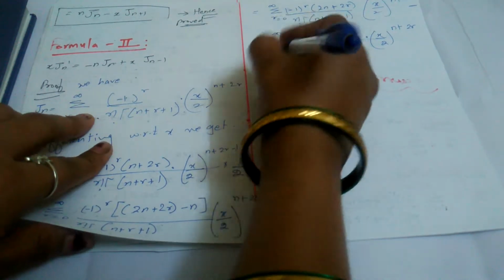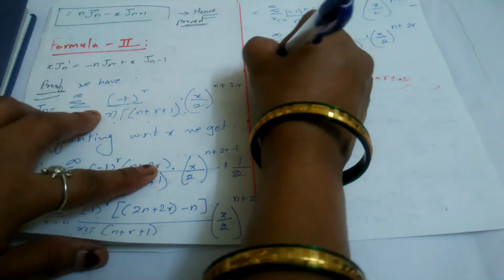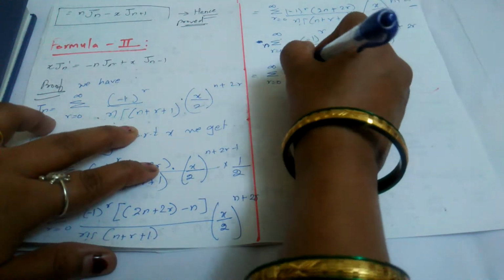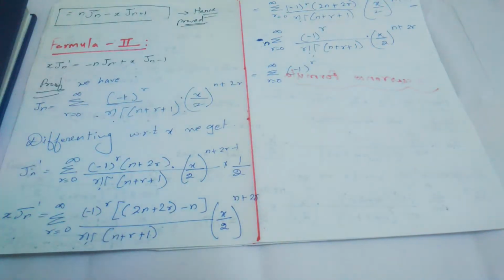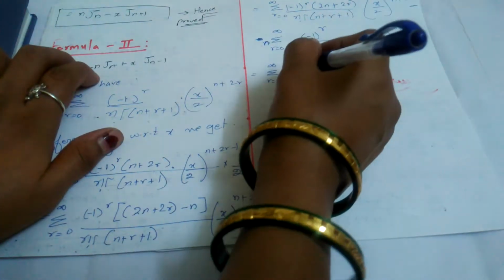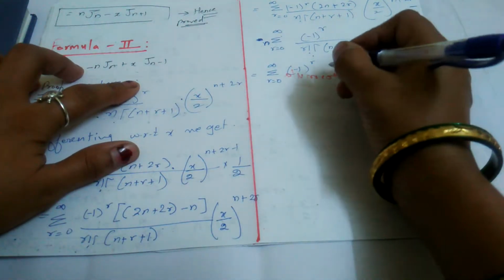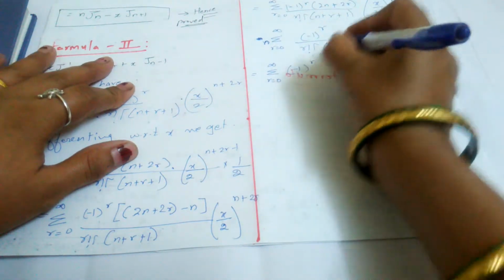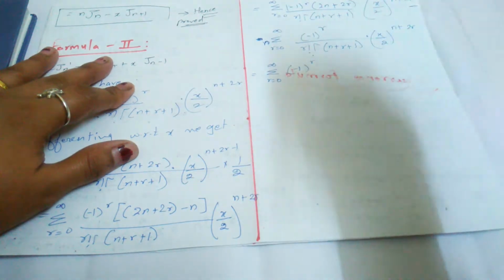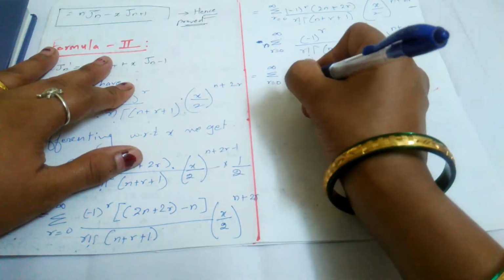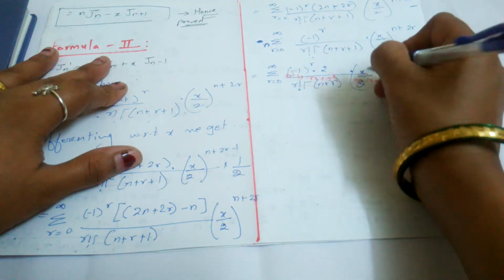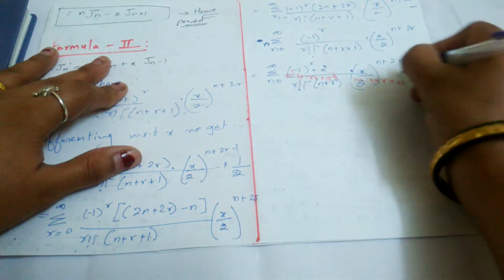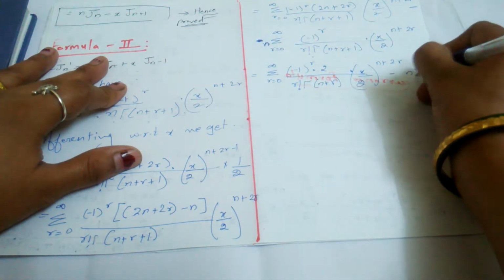So we substitute this value: the summation of r from 0 to infinity of (-1)^r, with this term and this term we get something like this, into 2, divided by r factorial (n + r), (x/2) raised to n + 2r, and this term, as I told you, by substitution is minus nJn.